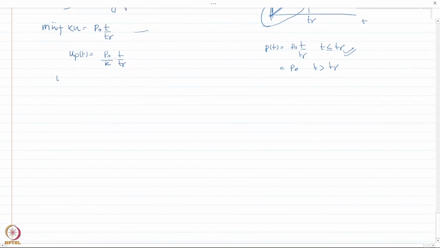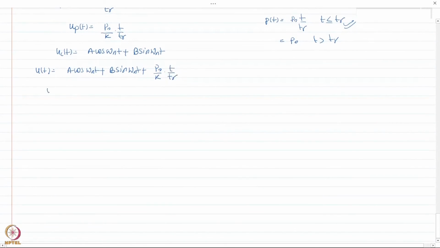And the complementary solution, for an undamped system, we can write as A cos omega n t plus B sin omega n t. So my total solution becomes A cos omega n t plus B sin omega n t plus p naught by k, t by tr.